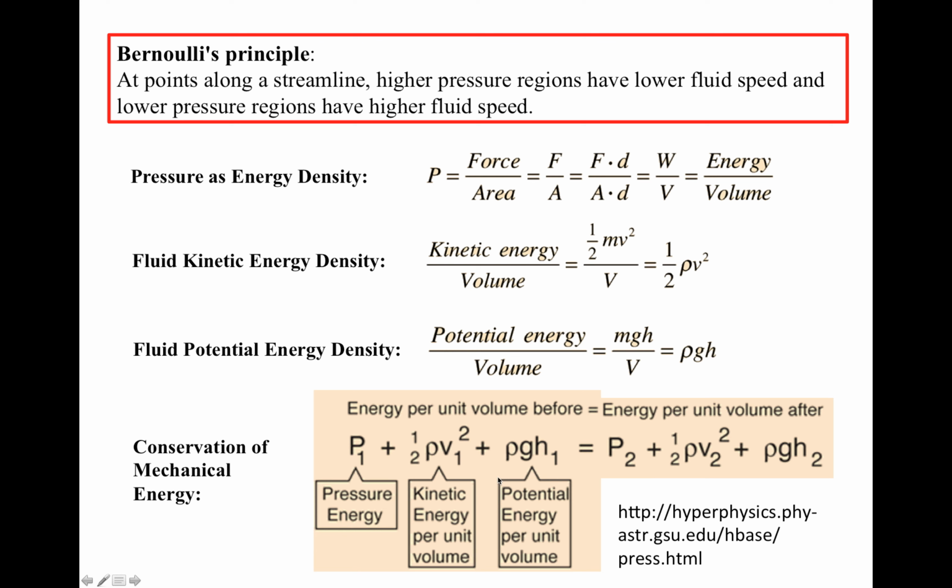Another case where we can ignore potential energy is when the streamline is more or less at the same height. The two positions on the same streamline, h1 and h2, are at about the same height, so rho g h1 and rho g h2 cancel out because h1 almost equals h2. In both cases, we can ignore the potential energy.